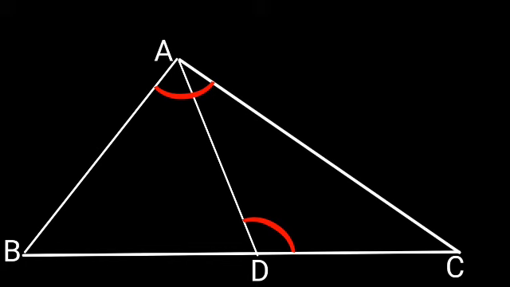If we consider both triangles simultaneously, angle BAC and angle ADC are given equal, hence they are congruent to each other, and angle ACB in triangle ABC and angle ACD in triangle ADC are common. Hence both triangles are similar to each other by the AA test.